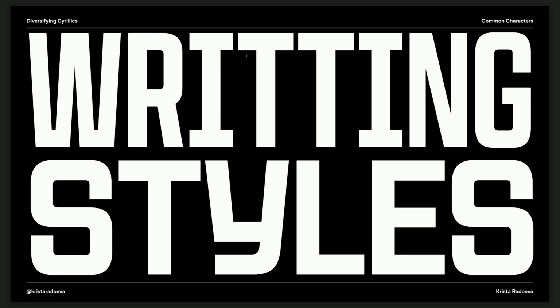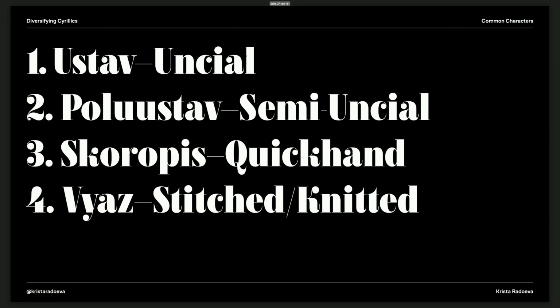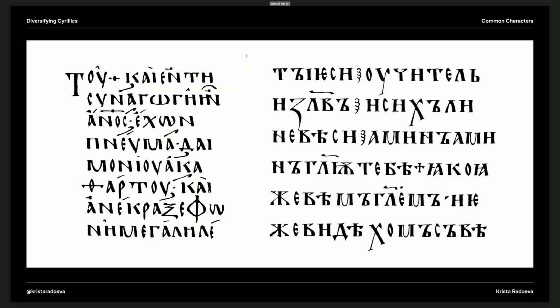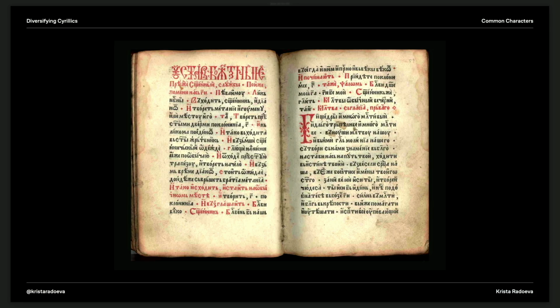We're skipping a lot because it's a short lecture, but I'm going to give you a little overview of the few writing styles that exist in Cyrillic. So Ustav, which is basically the equivalent of uncial, looks like this, similar to the Greek uncial.